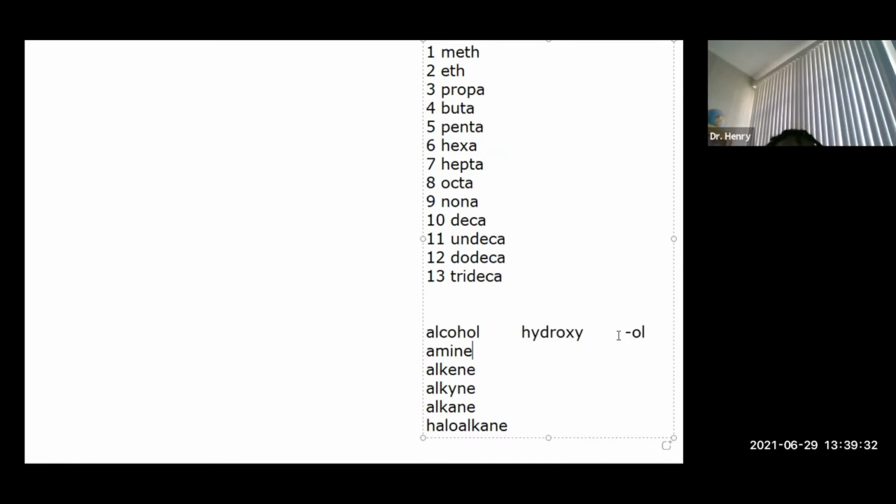So we know that OL represents the most important moiety, the most important functional group. Are you guys with me? So that's priority. I got priority because I'm Dr. Henry. Johnny has less priority because he's Johnny. Okay, so you guys understand that?